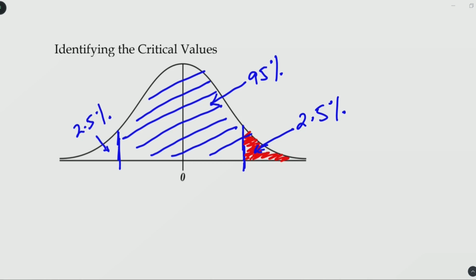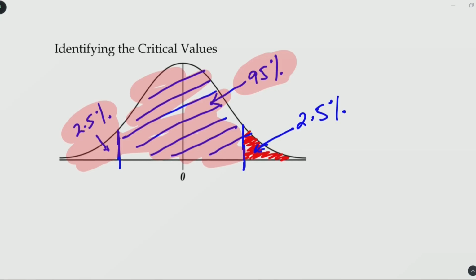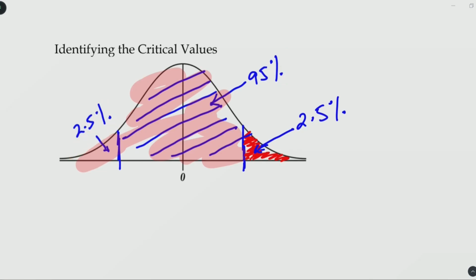But when you are talking about one side calculation, then everything to the left of this marking, including this rejected area, will sum up to 97.5%, that is this 95% plus this 2.5% taken together.